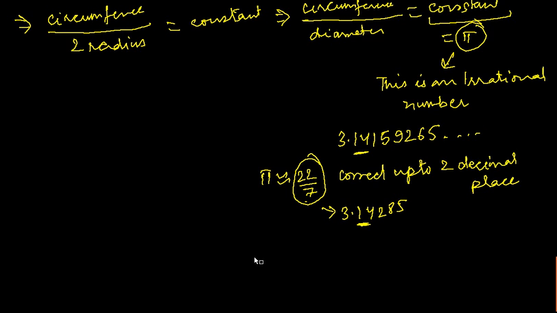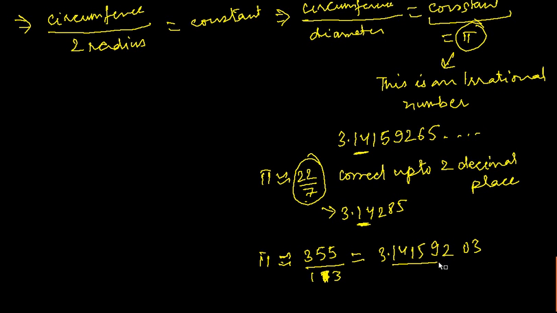A more accurate value of pi, you can approximate as 355 divided by 113. This is equal to 3.14159203.